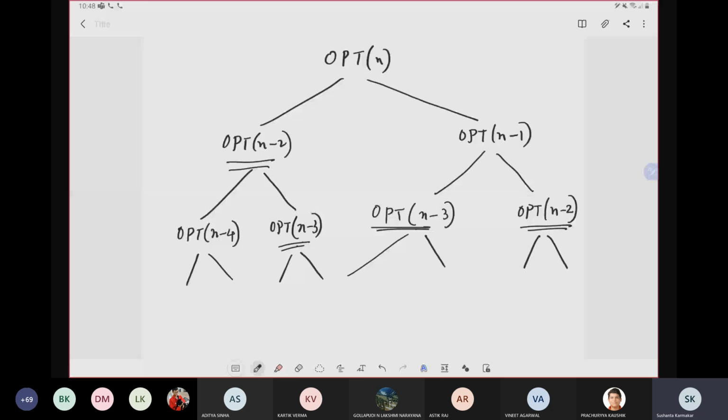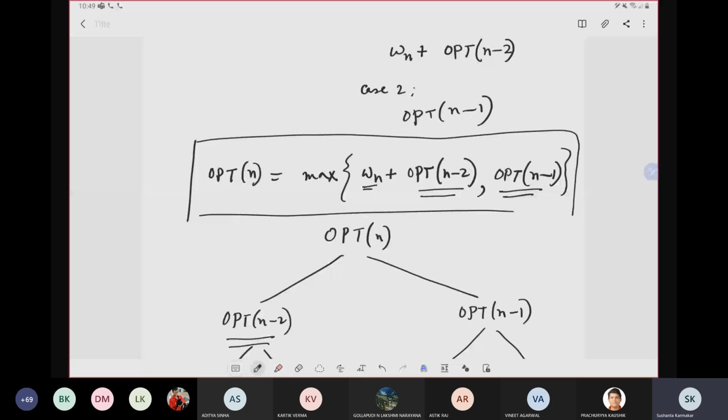So if I try to solve this recursive equation in a normal manner, in a normal recursive form, like this recursion tree, then it will make an exponential number of calls to these functions, and it will be exponential in nature.